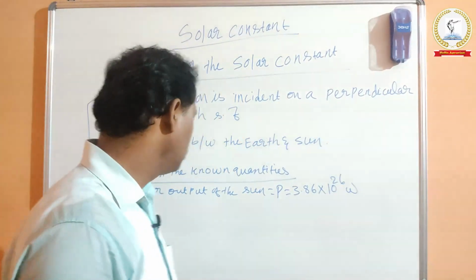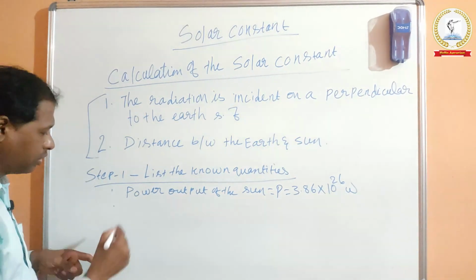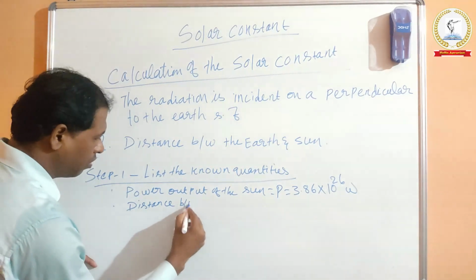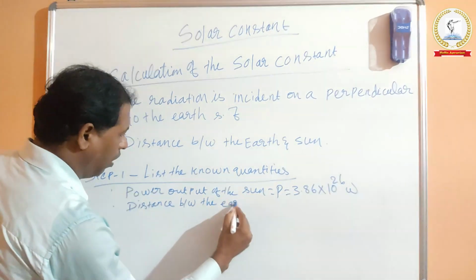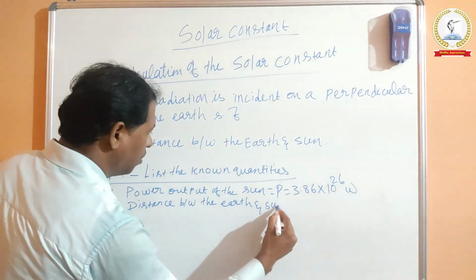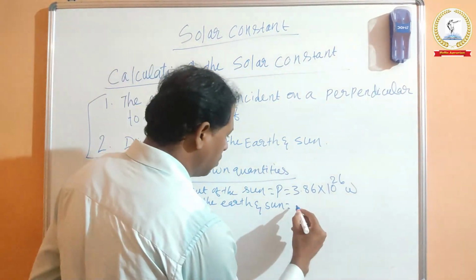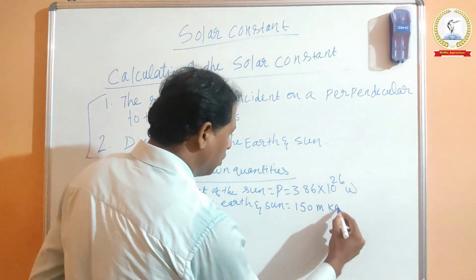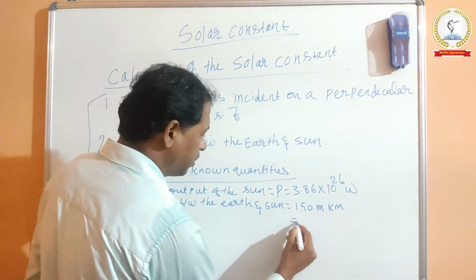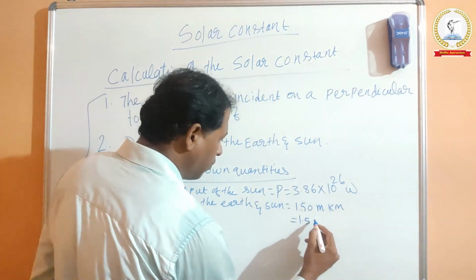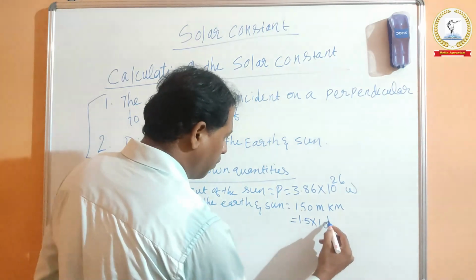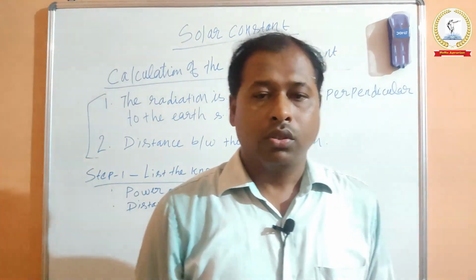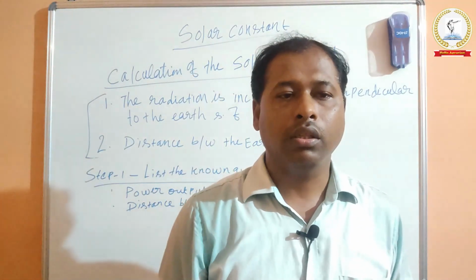The second one is the distance between the earth and sun, that we already know is about 150 million kilometer, or you can say 1.5 into 10 to the power of 11 meters. Okay, so in this way we can calculate the solar constant.